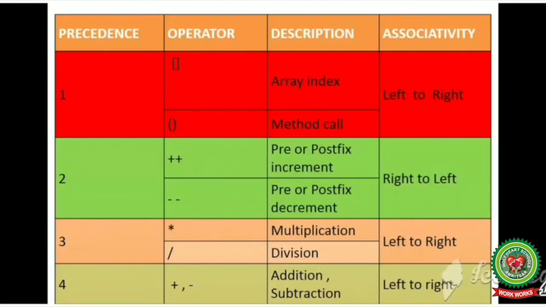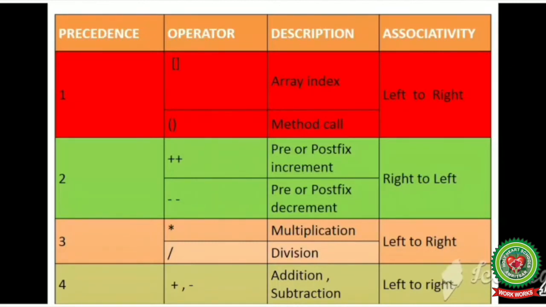Number 2 is plus plus, that is pre or postfix increment, and minus minus, pre or postfix decrement. Now if in an expression both prefix and postfix operators are there with other operators, they will be solved after opening the brackets, from right to left.